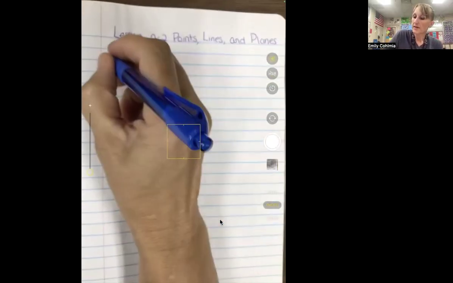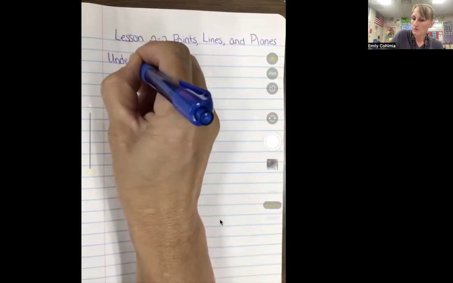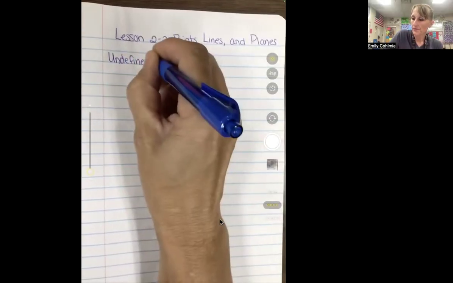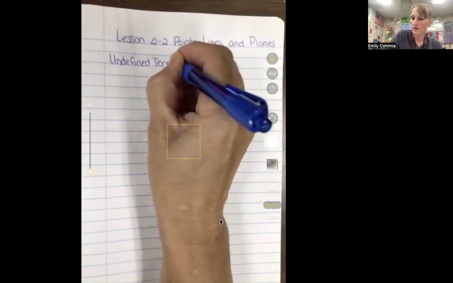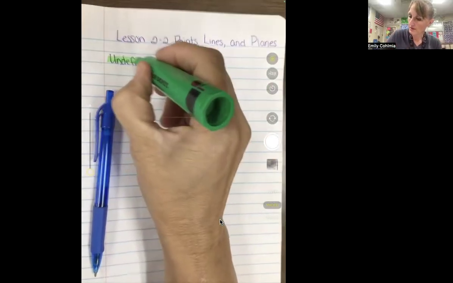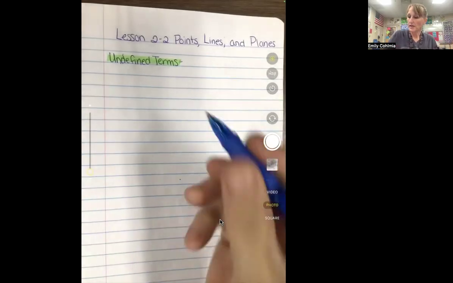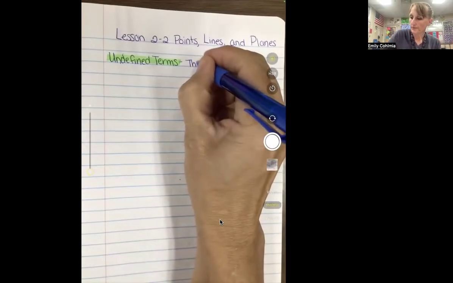So points, lines, and planes are all called undefined terms. Well, what is an undefined term? How do you define something that can't be defined? Because it's undefined, right? So these are simply things with no definition.